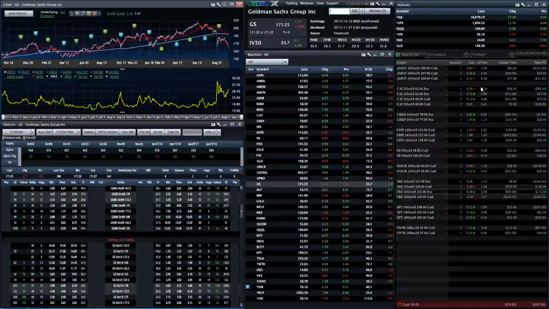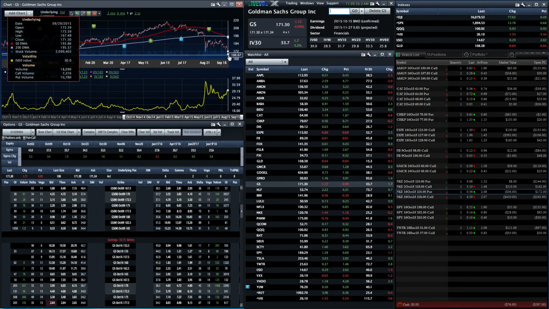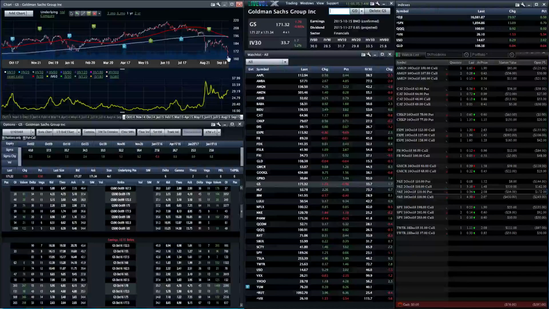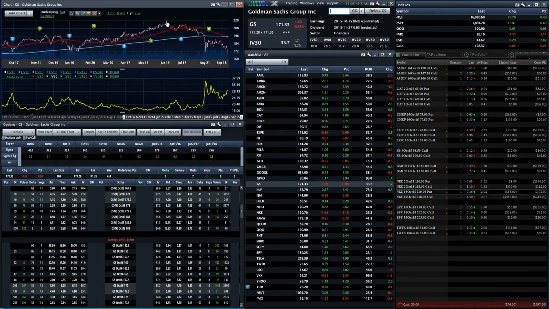Where has Goldman traded over the last year? It's trading actually at its low right now. 165 up to 219.